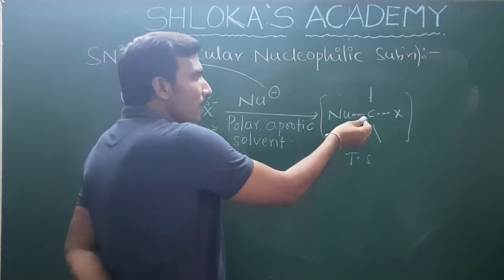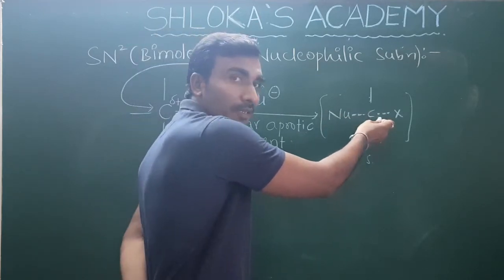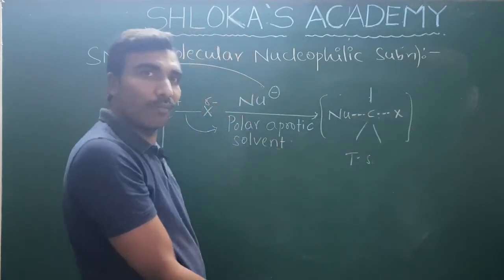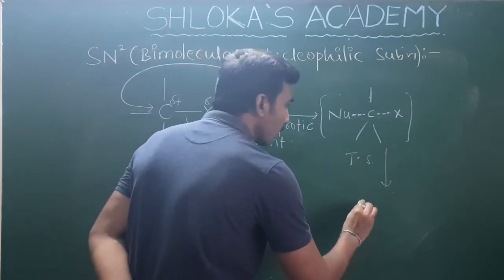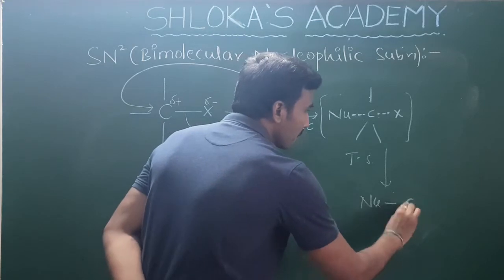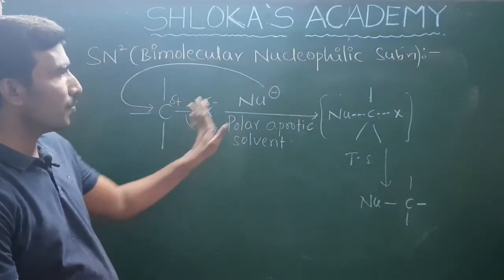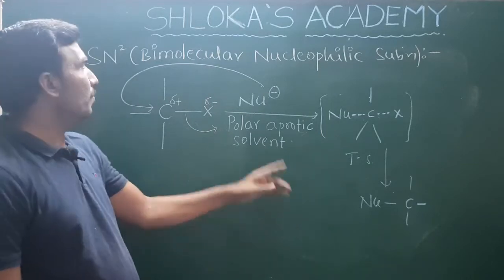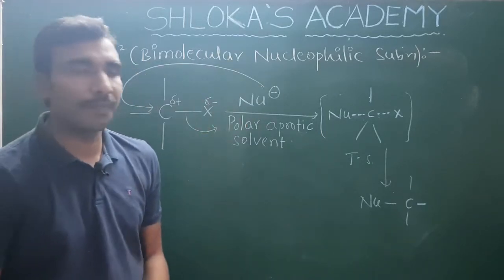This dotted line represents the making of the new bond, and this dotted line represents the breaking of the old bond. Both are taking place simultaneously, and that results in the product. So this is a simple mechanism of bimolecular nucleophilic substitution.